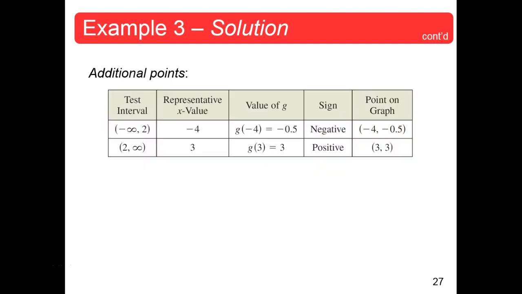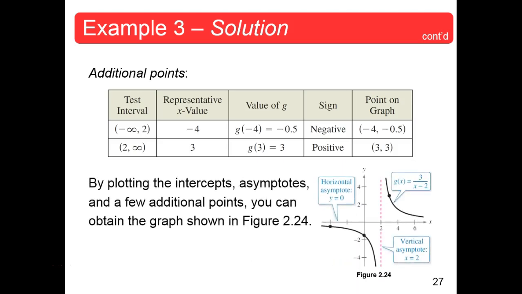So let's graph what we've got so far. They say additional test points. They do a little extra. It's fine. It doesn't hurt anything, but you really didn't need that first one. If you just plotted vertical asymptote here, horizontal asymptote there, y-intercept there, you know this one has to be here. You don't need that point, but it doesn't hurt to put it.